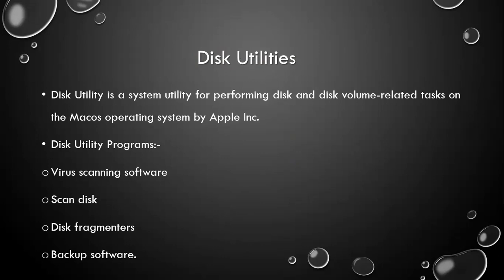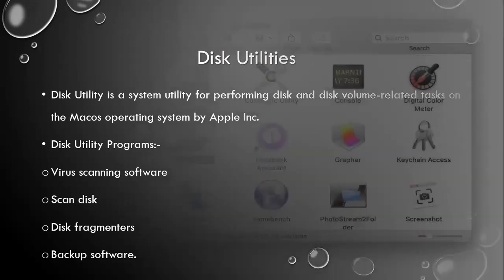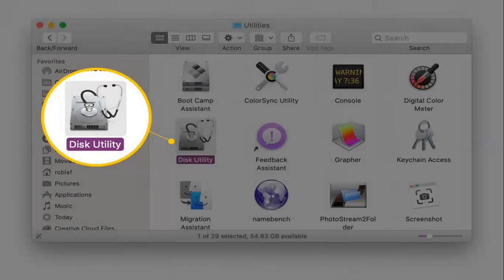As we can see by its name, backup software gives us supplementary exact copies that may be used later in the event of data loss. So if we lose our data, we can recover it by backup software. This is a disk utility icon present on a computer.